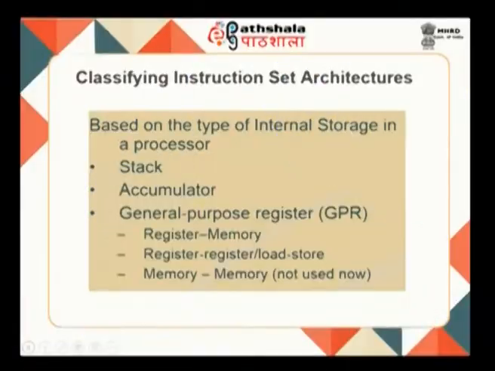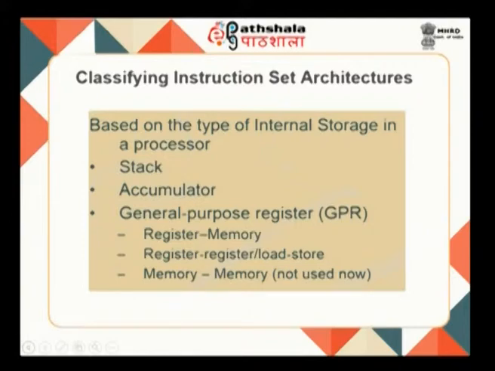So, if you look at the classification or taxonomy of instruction set architectures, the ISA is basically classified based on the type of internal storage in the processor, how the operands are getting stored in the processor. So, one is a stack based ISA, the second is an accumulator based ISA, and the third is a GPR or general purpose register based ISA.